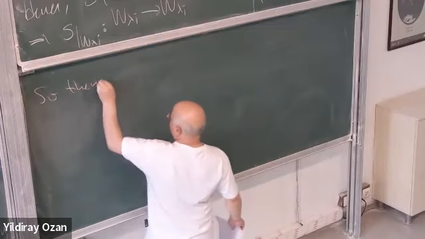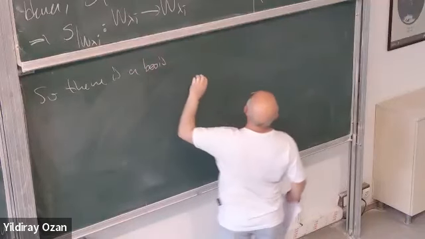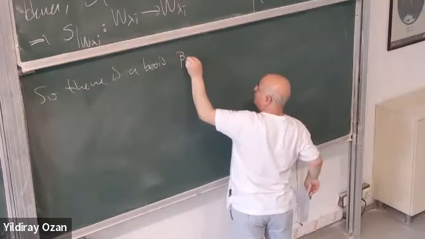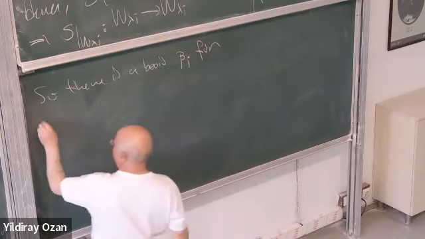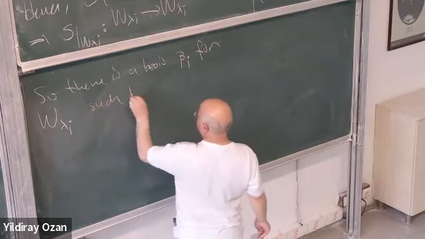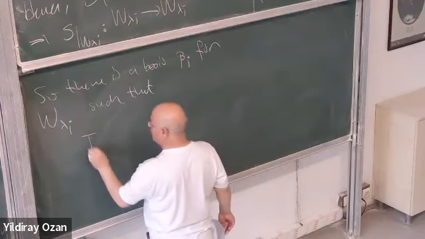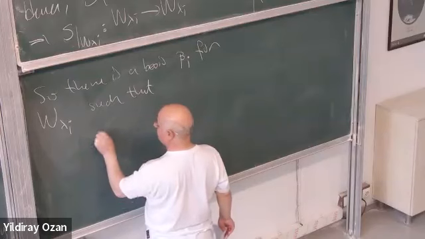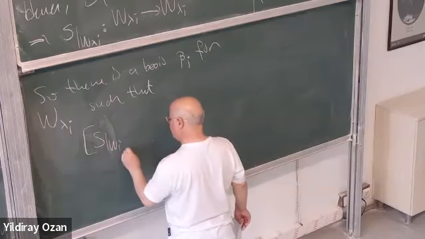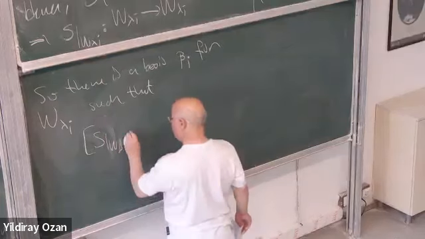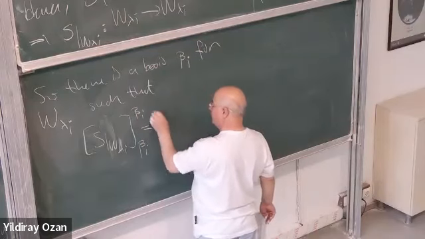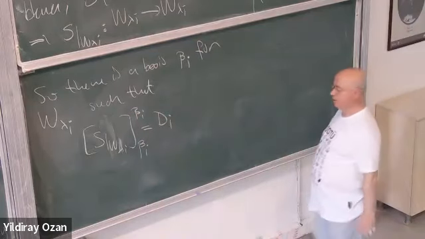So there is a basis for this subspace, beta I, for W lambda I, such that the restriction of T, not T, I'm sorry, S to this subspace W lambda I in that basis beta I, let's say, let's call this Di, is diagonal.